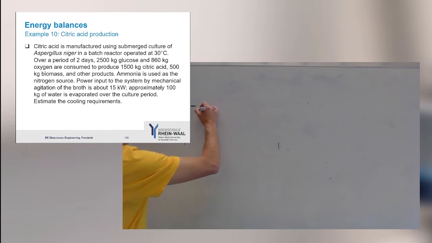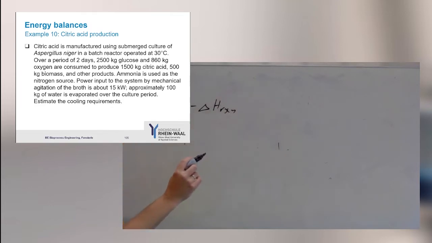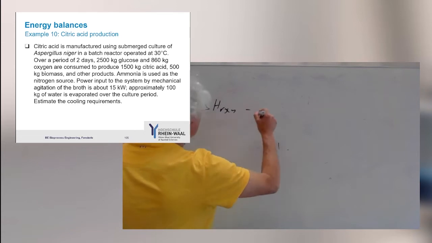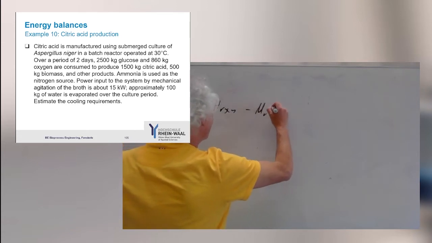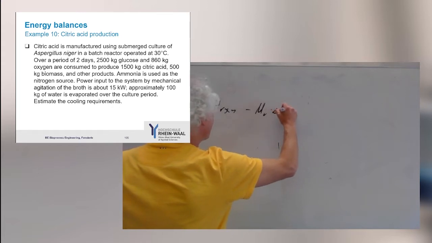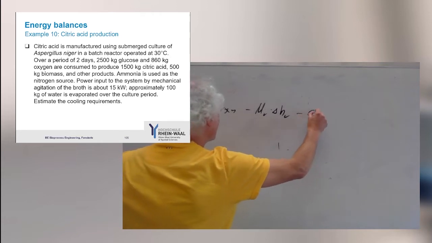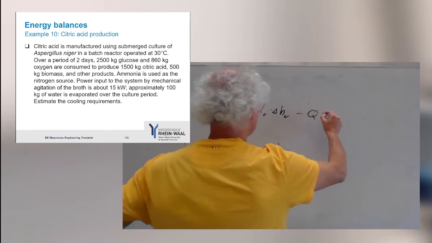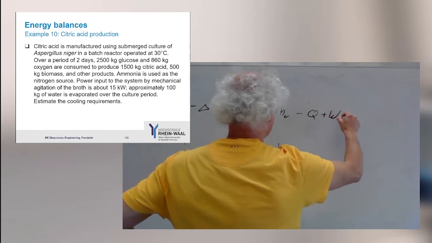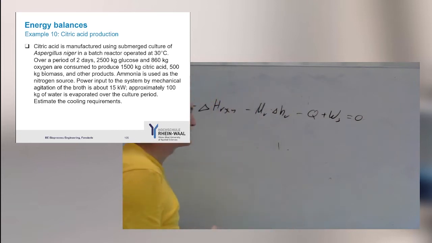Minus delta H Rxn, minus mv times delta H v, minus q, plus ws, equals 0. Equals 0, because we said we're in a steady state.